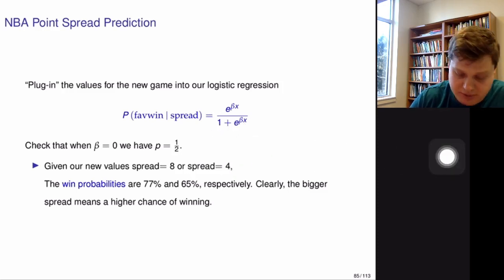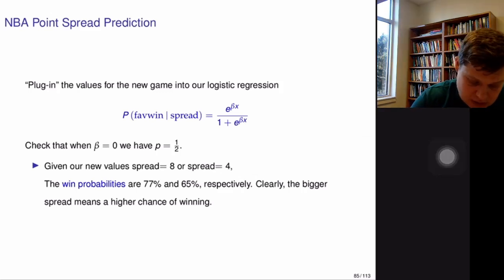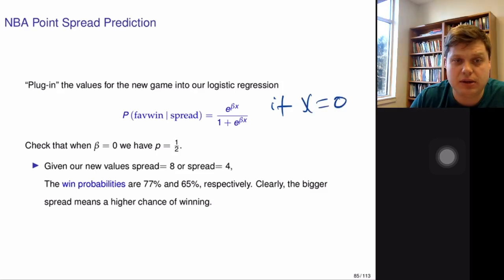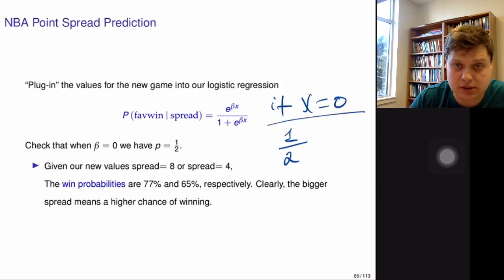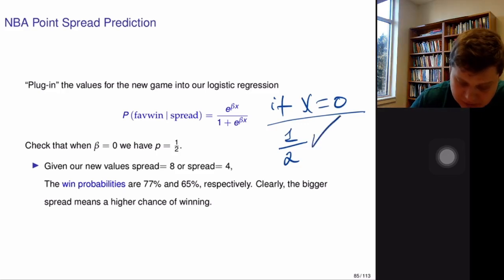One thing we should expect: if x equals 0, meaning the spread is 0, then the prediction from the model is exponential to the power 0, which is 1, divided by exponential to the power 0, which is 1 again, plus 1, times 2, so 1/2. So when the spread is 0, meaning that bookies don't have any good idea about who's going to win the game, then the probability of the favorite team winning is 1/2. Makes sense. This is very logical.